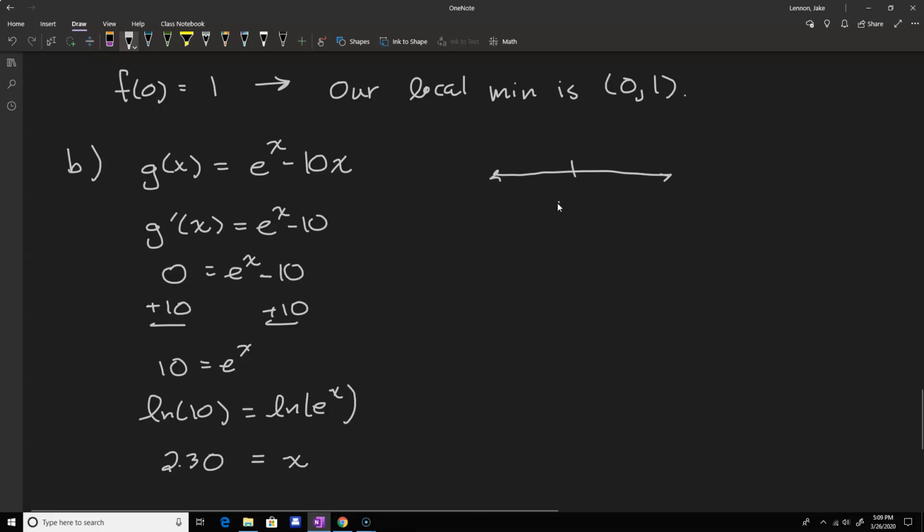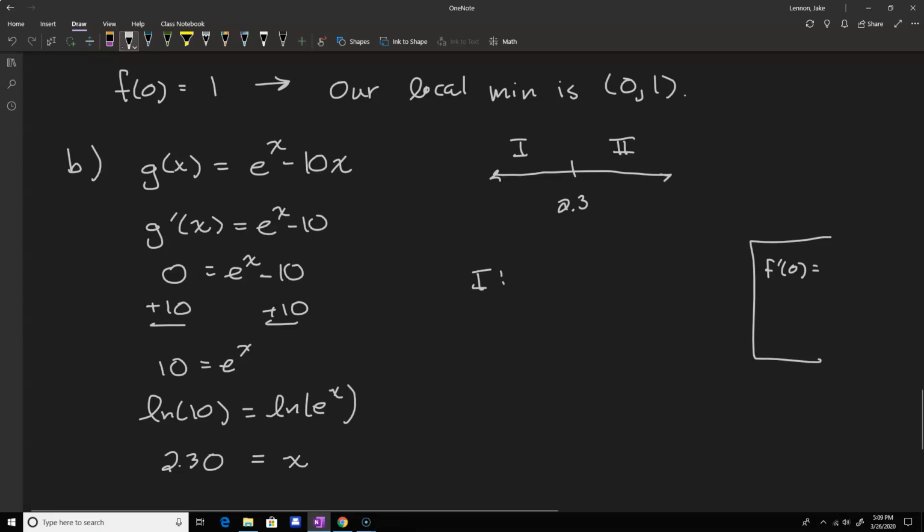So we only have one critical point here, so that means our interval is just divided into 2 parts. So we have this value 2.3. We have 2 regions. So again, we just want to plug in a point into each region and form the conclusion. So let's say g prime of 0. Again, we're plugging that into the derivative.